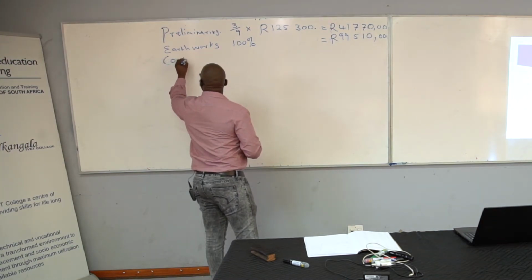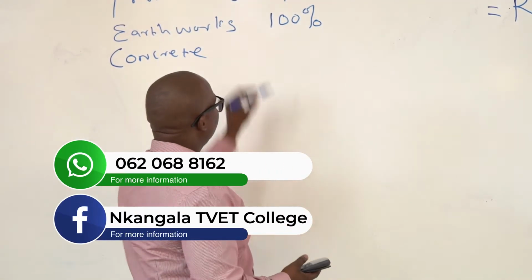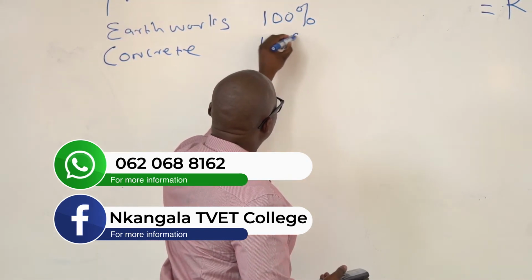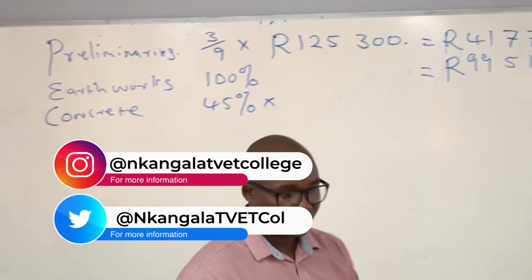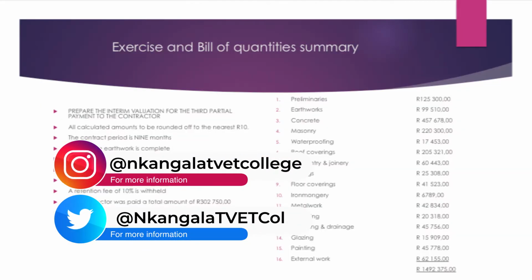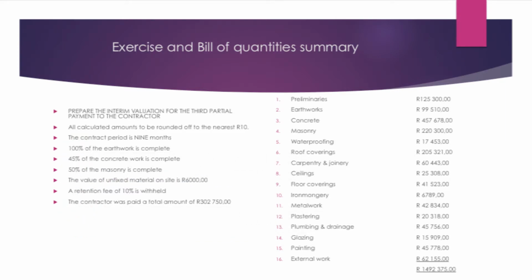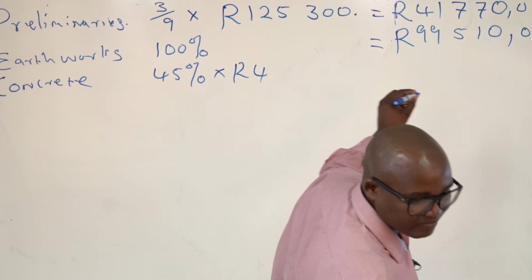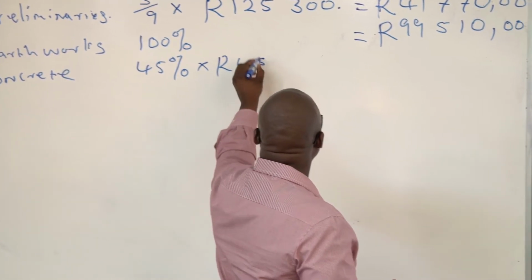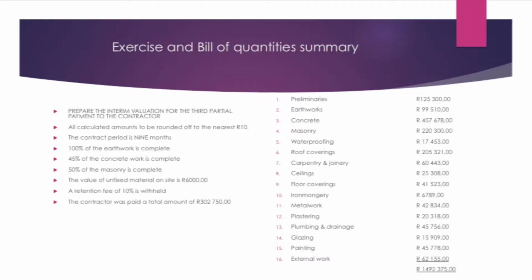We'll have the concrete 45% multiplied by the original price from the bill of summary, which is 457,678.